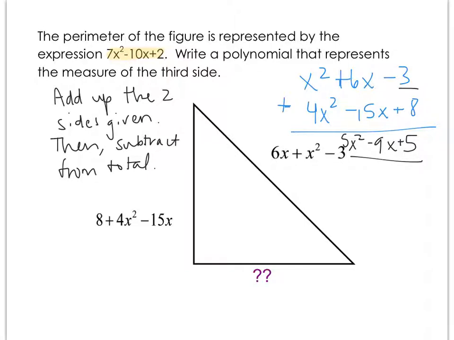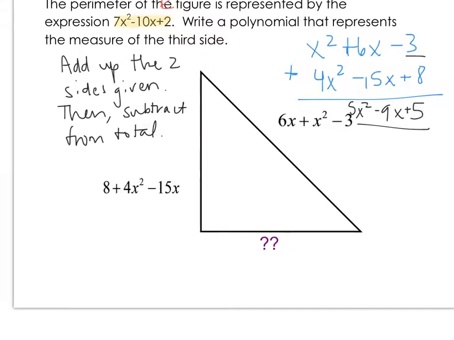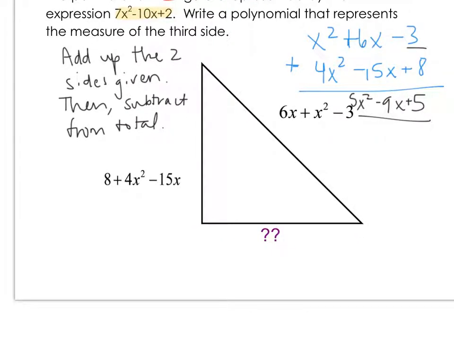And so I have to take that away from the total here, which was 7x squared minus 10x plus 2. And I'll subtract from that what we just calculated for the total of the two sides, 5x squared minus 9x plus 5.